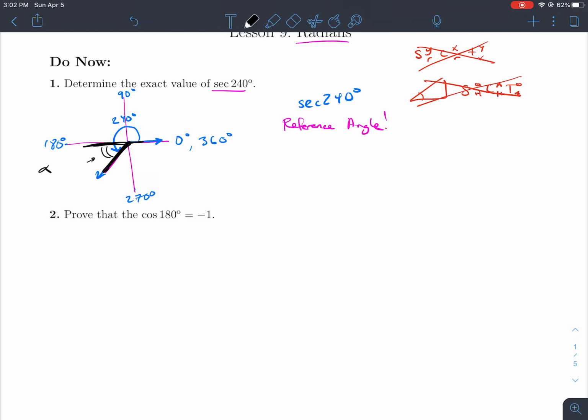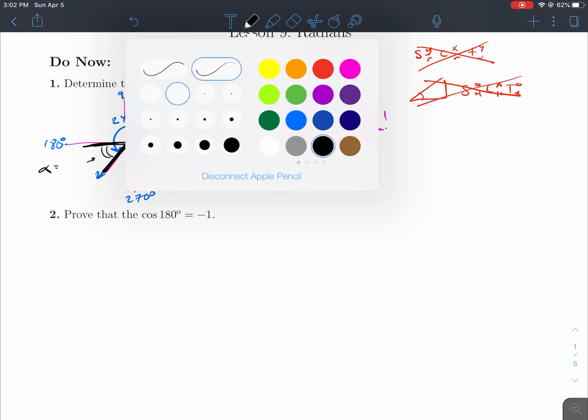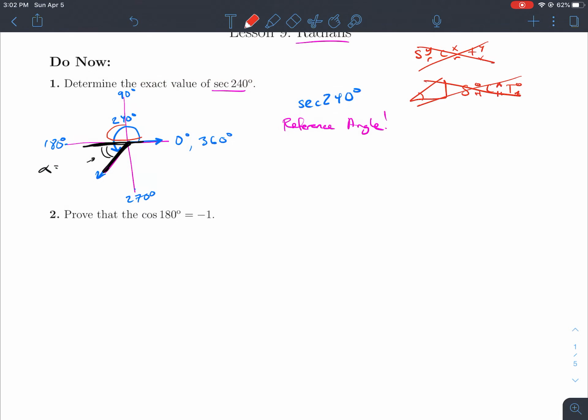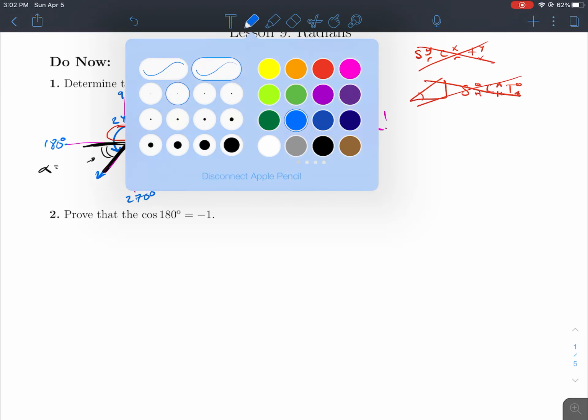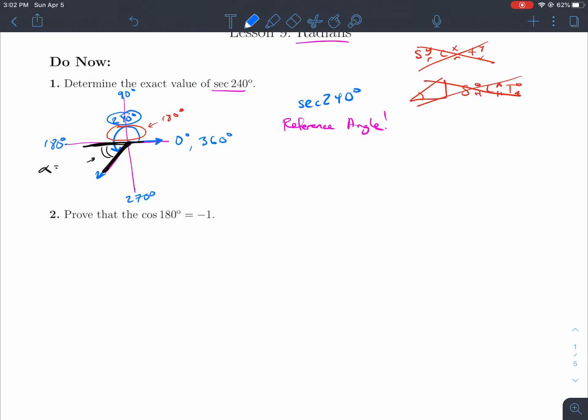So to calculate alpha, well, we know that this top section is a semicircle, so this top section is 180 degrees. We know that the whole angle is 240 degrees. So to find this alpha piece of it, we could do 240, the whole thing, minus the top half, and that would leave us with this little section right here.